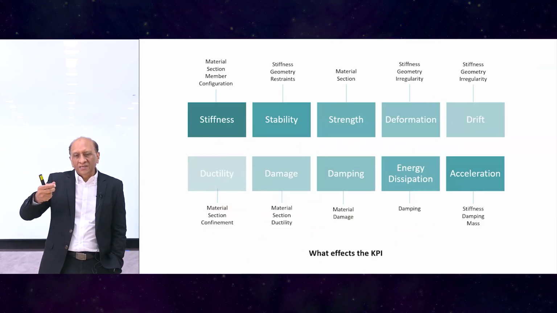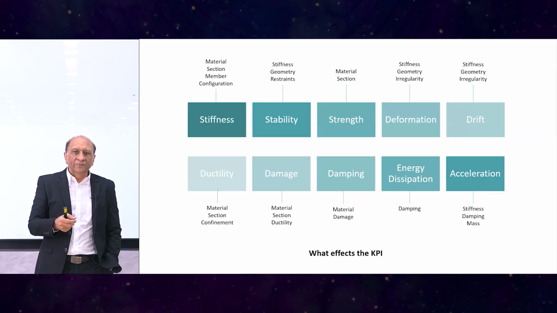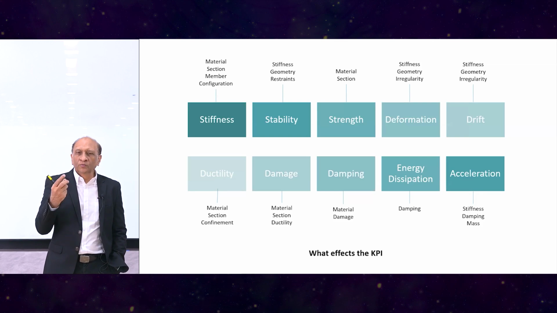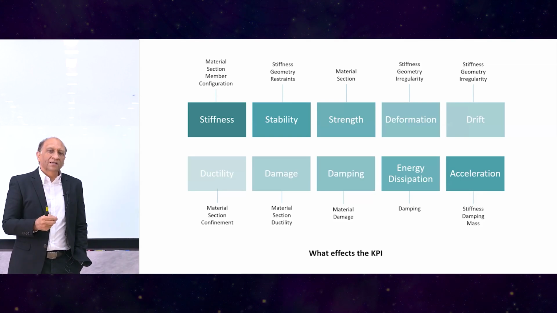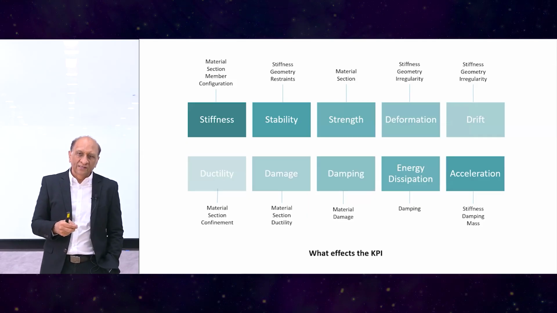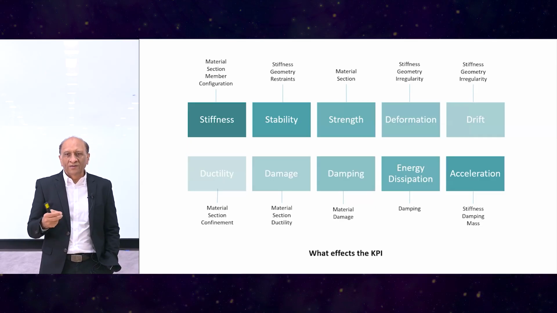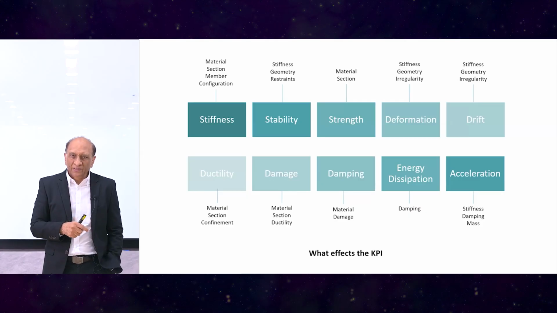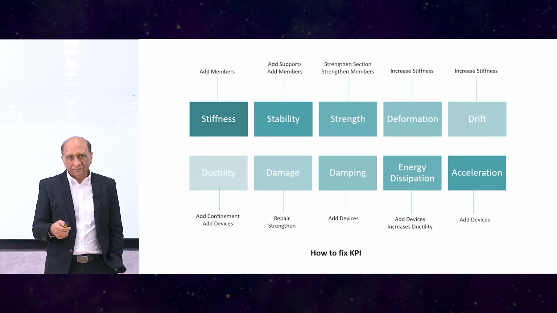And if we want to change, it's like levers. It's like dials. You can dial various things and bring them to the acceptable level. So this is like a diagram which we can see which are the levers that you can pull or push to get the KPIs, or key performance indicators, right. If we have a problem with the drift, we can look at stiffness, geometry, and so on. So this is roughly the map for the deficiencies and the KPIs.